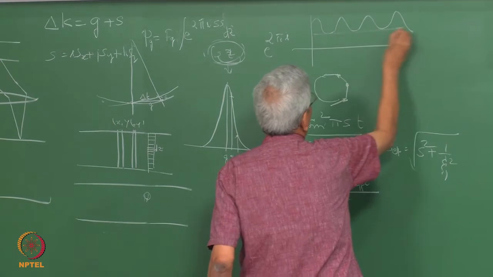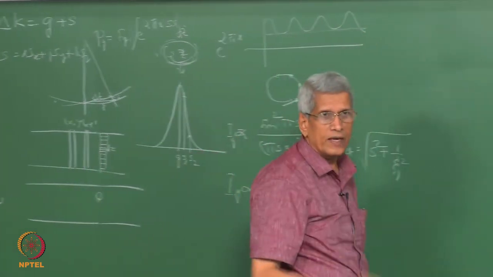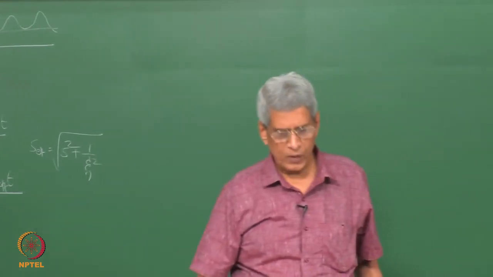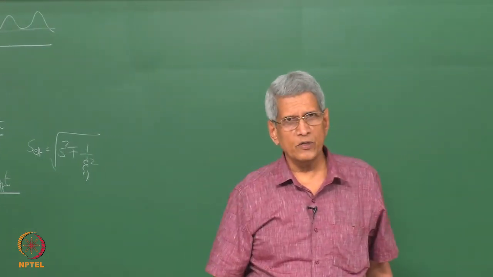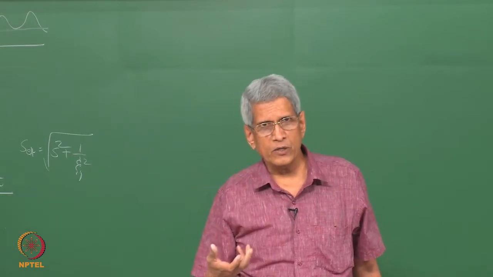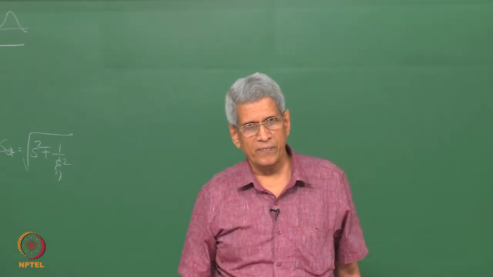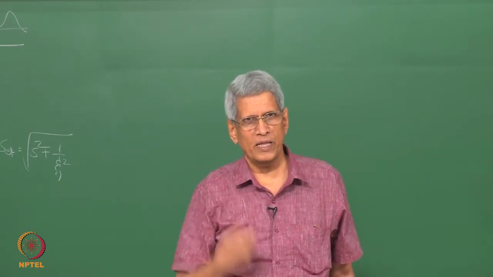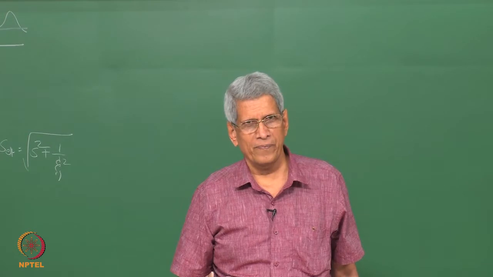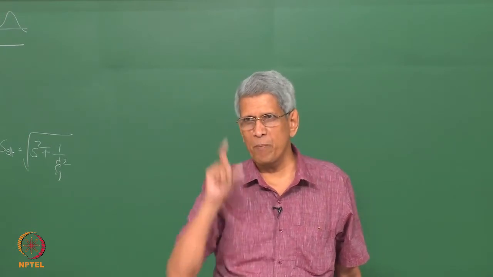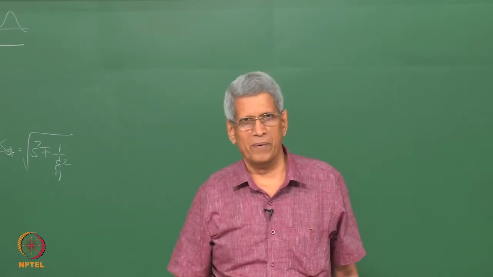That means there is an average potential over which this fluctuation is going to take place. This average potential is a positive potential. When the electron enters into it, it is attracted towards it. So, the energy of the electron increases a little bit. So, when the electron enters into the sample, its k vector is going to be different inside the sample compared to when it is outside the sample.